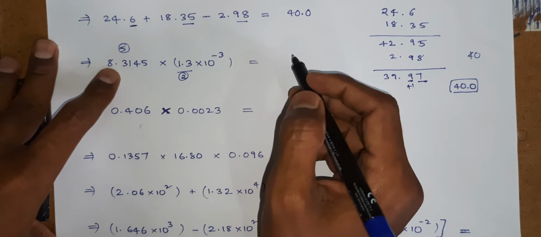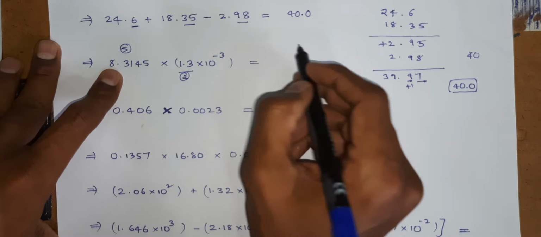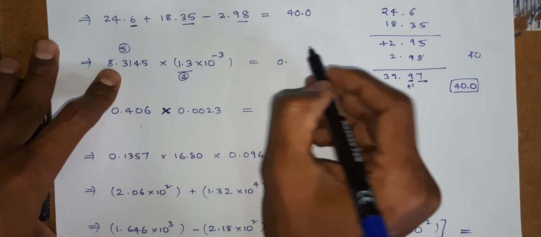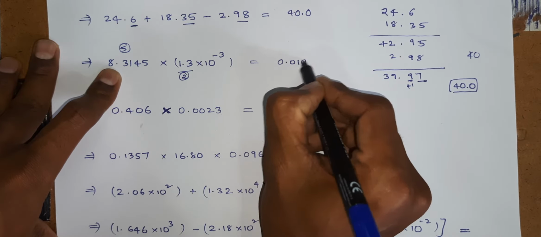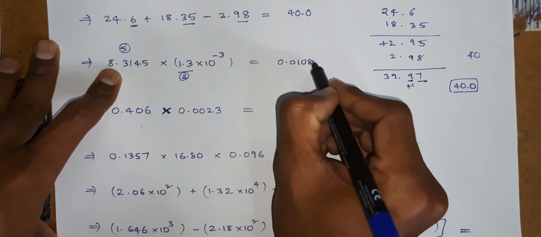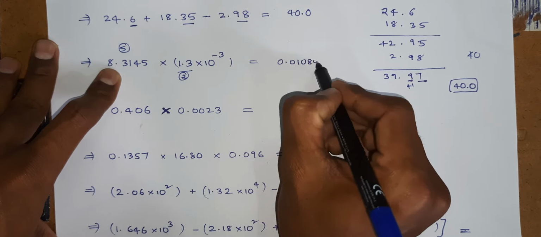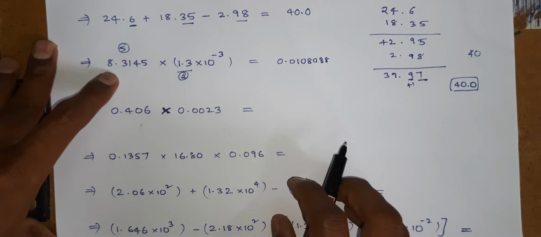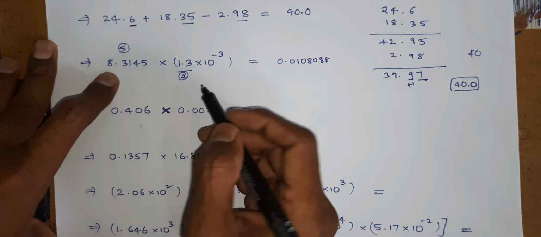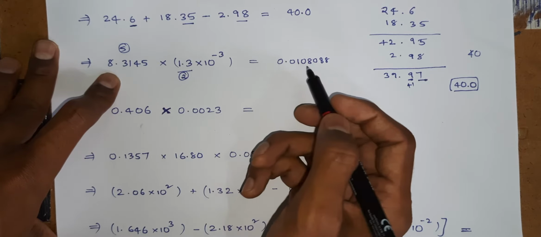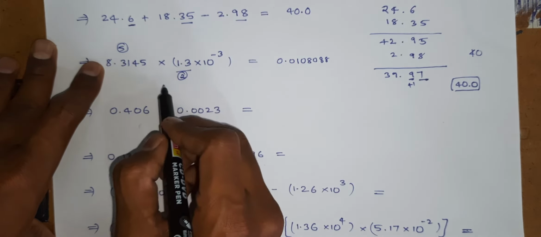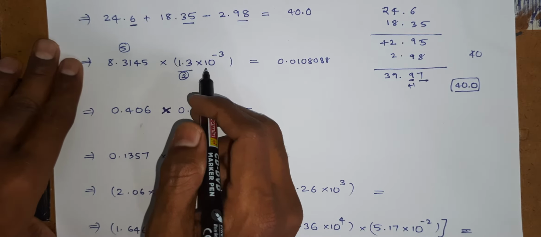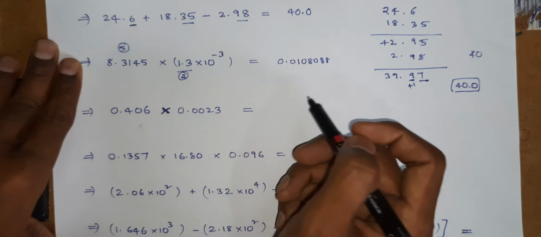Okay, so if you multiply this, you will get 0.01088 something like this. But you have to show it in two significant figures only. Why? Because in multiplication, the measurement with the least significant figure decides the answer.